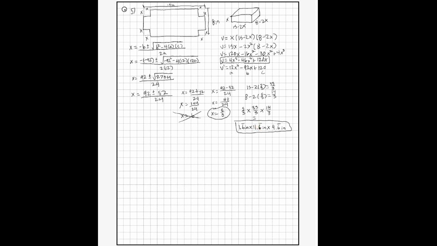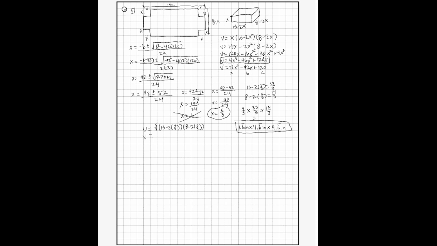Now, for the last part of this problem, I need to find the maximum volume for this. So what I do is I plug in x for this one, all the x values for this. So I got the volume equals 5/3 times 15 minus 2 times 5/3 times 8 minus 2 times 5/3, right?